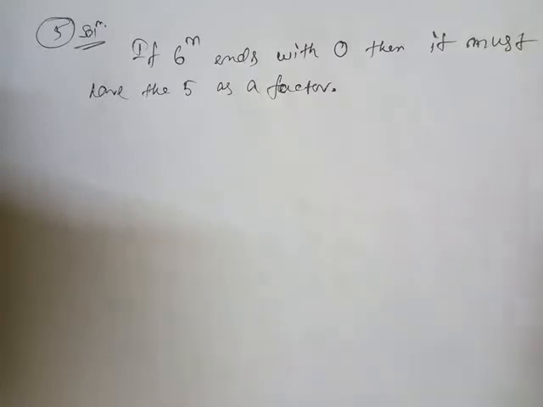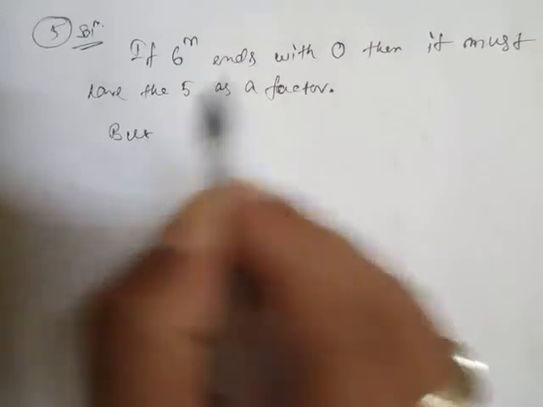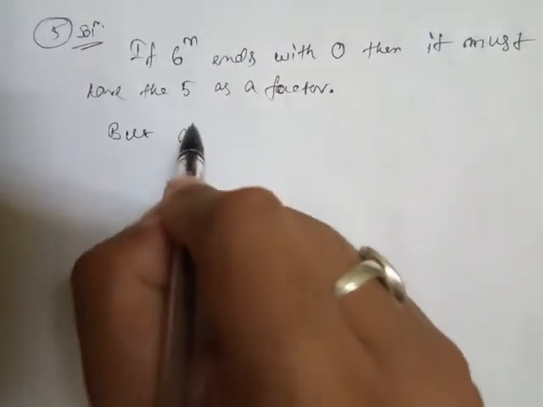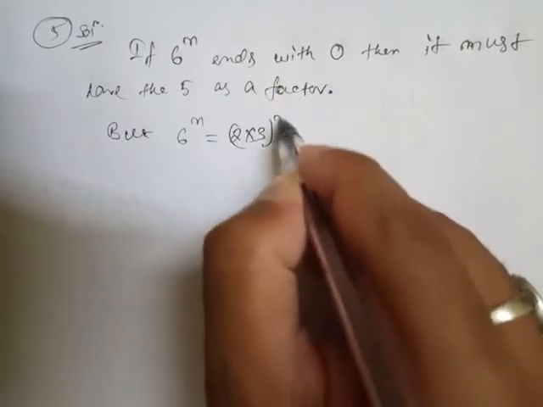That's why I have written that if 6 to the power n ends with 0, then it must have 5 as a factor. But 6 to the power n equals (2 into 3) whole to the power n.